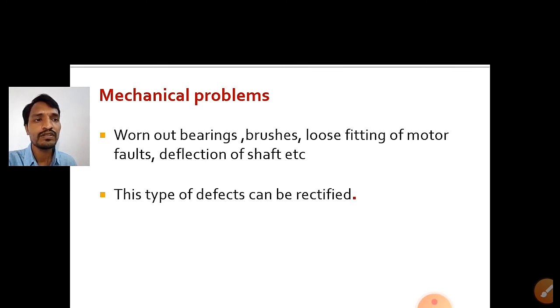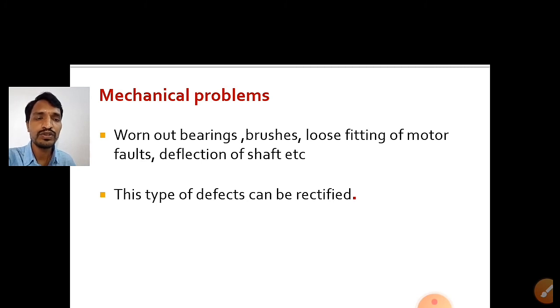Next, loose fitting of motor parts. If the nuts and bolts are loosely fitted, what will happen in operation? We get more vibrations and abnormal sounds. So these are loose fitting problems. Next is deflection of shaft. Deflection of shaft is when the axis of rotation of the shaft shifts from the central axis to some extent.